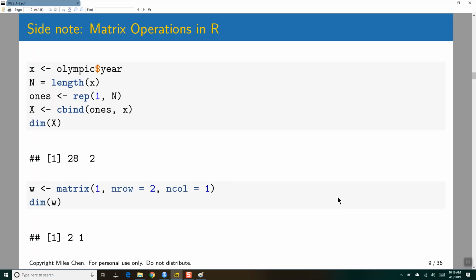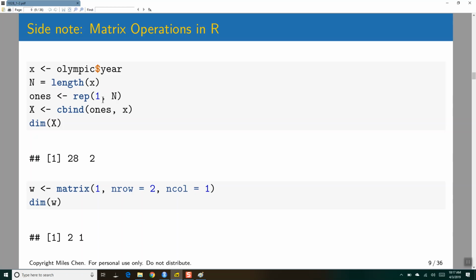All right. So if we were to do something like this in R, we could extract out the value Olympic year as X. N is how many observations we have, and I can create a column of 1s by repeating 1 n times.